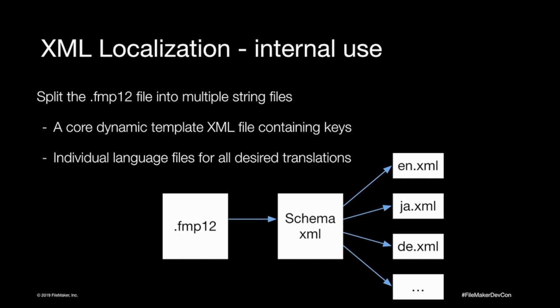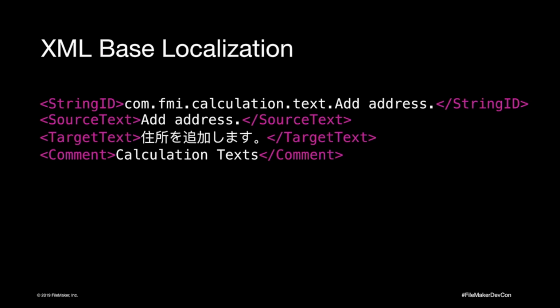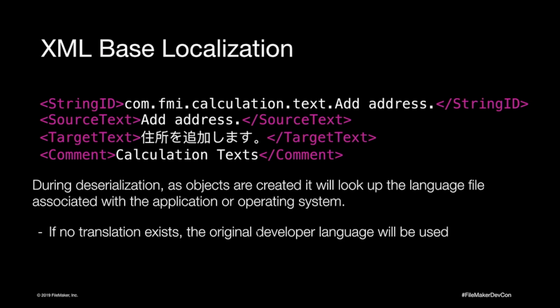When we deserialize this, we use a key value pair, and I'll show you a quick snippet of what that looks like, to map the schema with the user-defined strings so the end result is a fully translated file. Again, you can see this in practice with the product in market today. If you switch your operating system's language and create new starter files, all this machinery takes place.